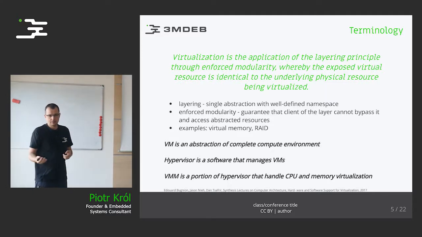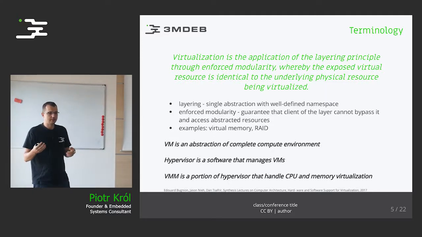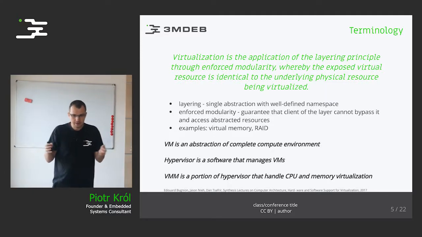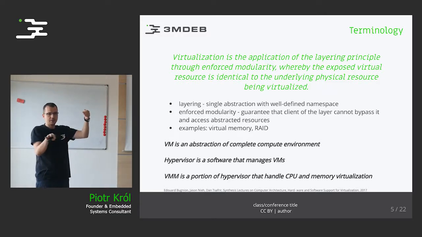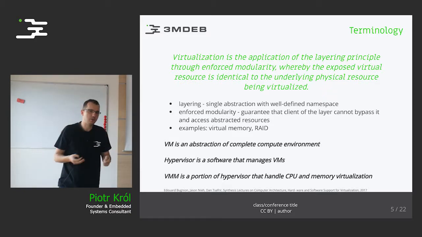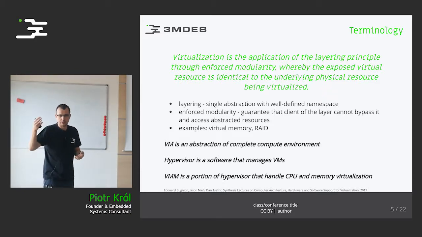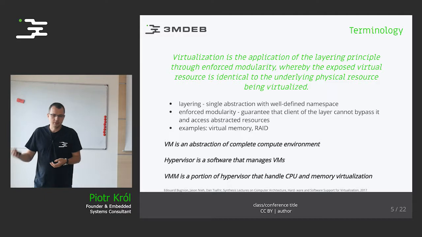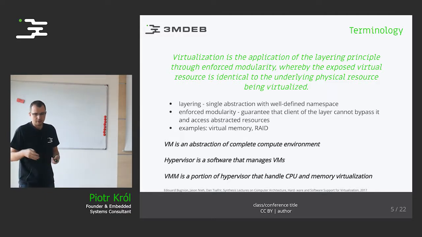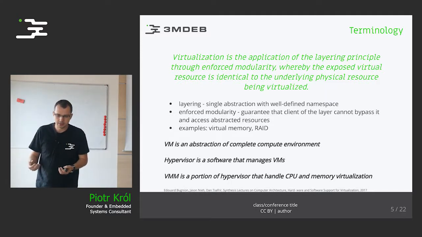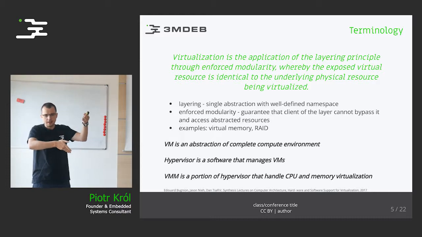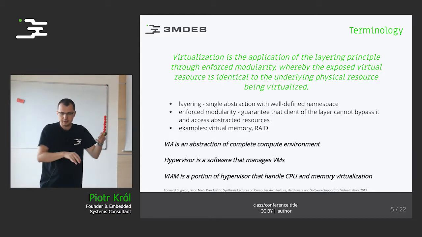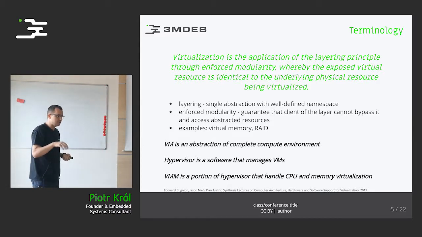Another capability of that layer is that we cannot get through it to access the physical hardware. We just see what is exposed above that layer through this single, well-defined abstraction interface. The second capability is this enforced modularity, the guarantee that the client of the layer cannot pass through that layer to access the abstracted resource.